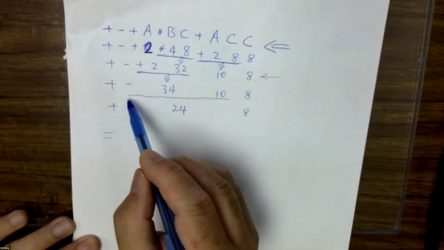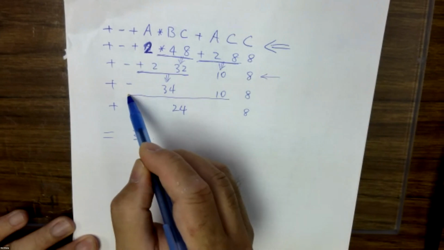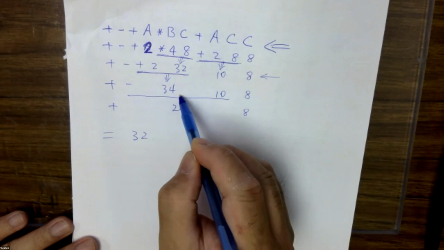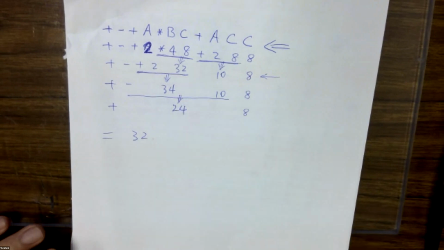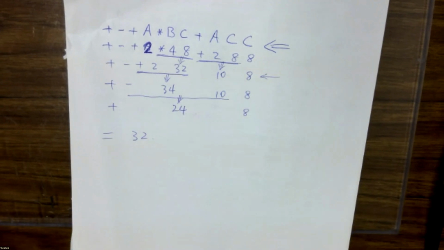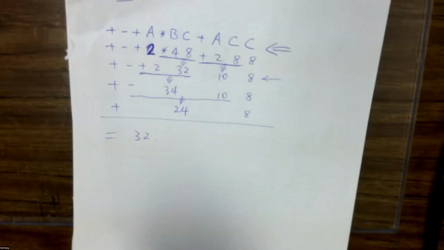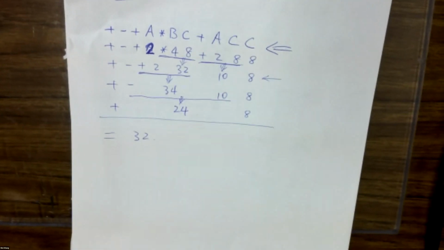After that, we have this subtraction leading 2 numbers. We can work on that. That gave us 24. 34 minus 10 is 24. And now the result is 24 plus 8. That gave us 32.